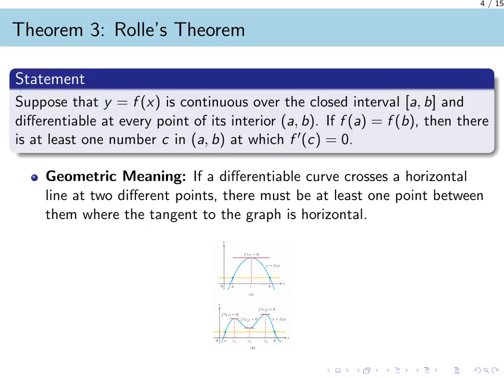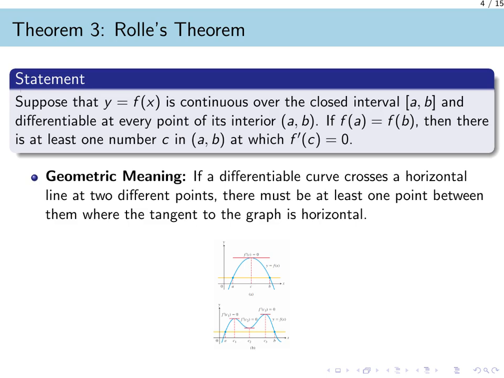Let us explore a foundational result called Rolle's theorem, which provides a simple guarantee for finding a horizontal tangent on a curve. For this theorem to apply, a function must satisfy three specific conditions. First, it must be continuous on a closed interval from a to b, which means its graph has no gaps or breaks.